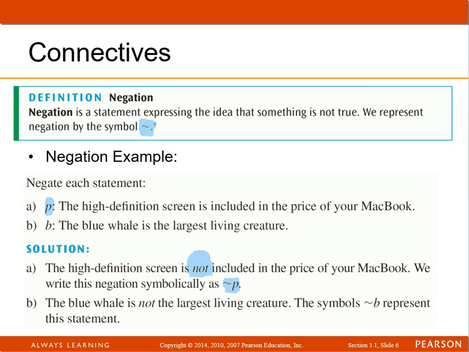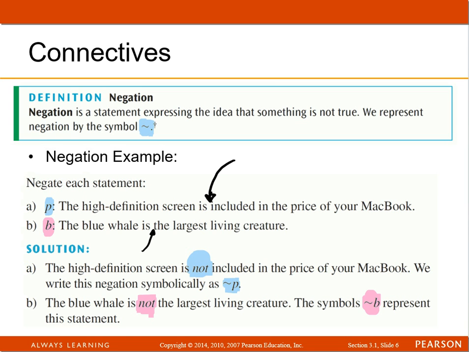The blue whale is the largest living creature. Now that is B, and if you want to negate B, you have to say the blue whale is not the largest living creature. So you're inserting the word not into both of these. And that's all there is to negating something.